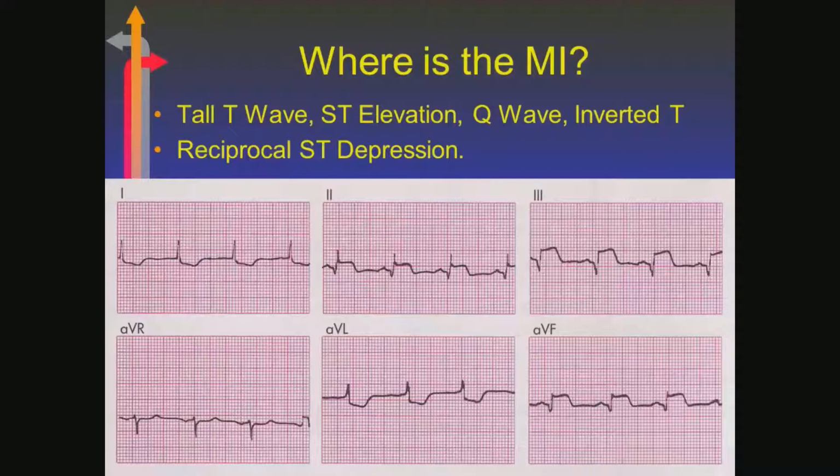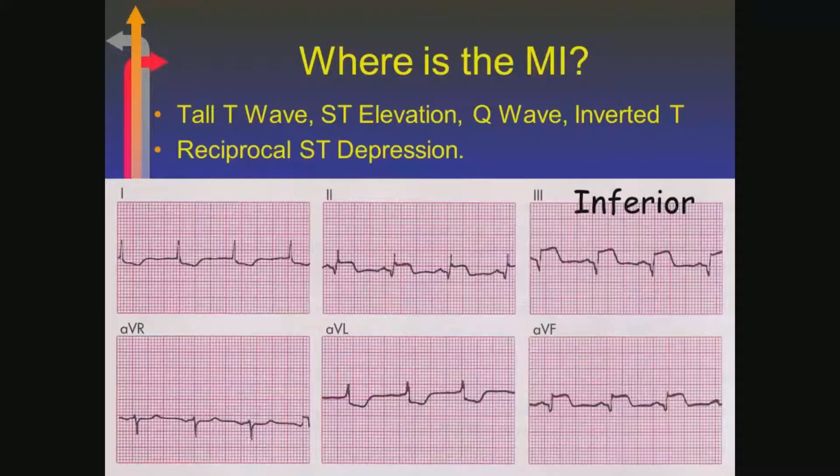That's what we're going to call reciprocal changes. So it's not looking at the front, it's looking at a different area. So it's an inferior wall MI. And which coronary artery would we suspect to have an occlusion? Right coronary artery. I would feel very comfortable having you identify where the infarction is and which coronary artery is involved.